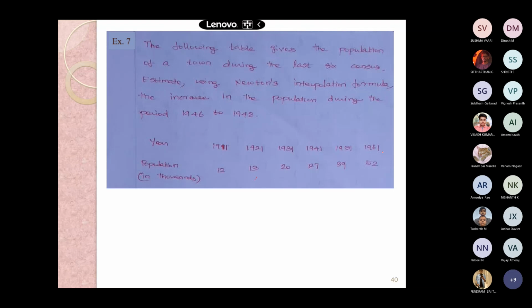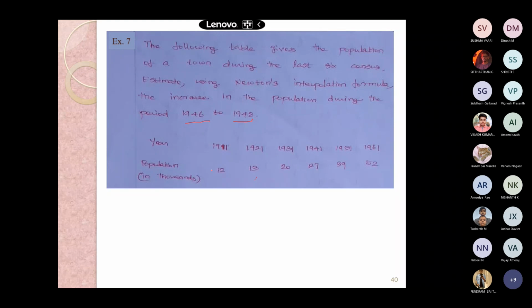That is extrapolation, but what we are doing here is interpolation. Here we are concerned about 1946 as well as 1948. Once we know the population in 1946 and 1948, we can find the increase in the population during the given 2 years.